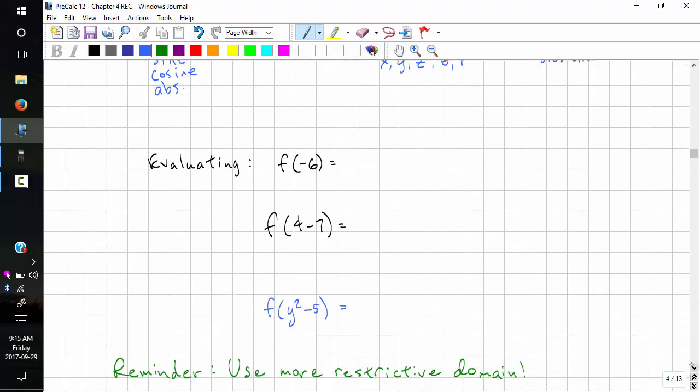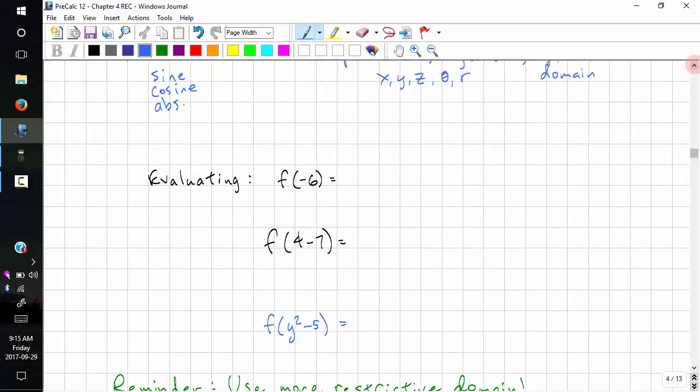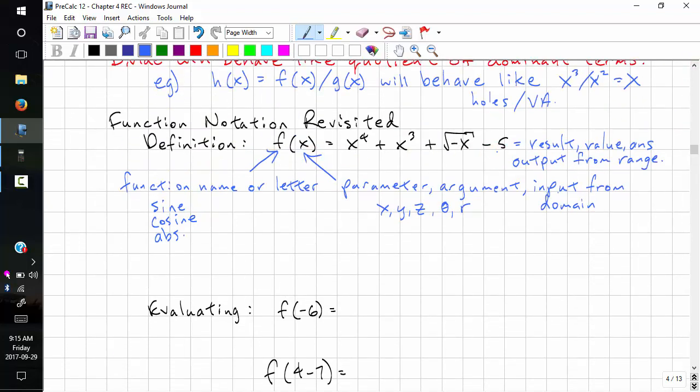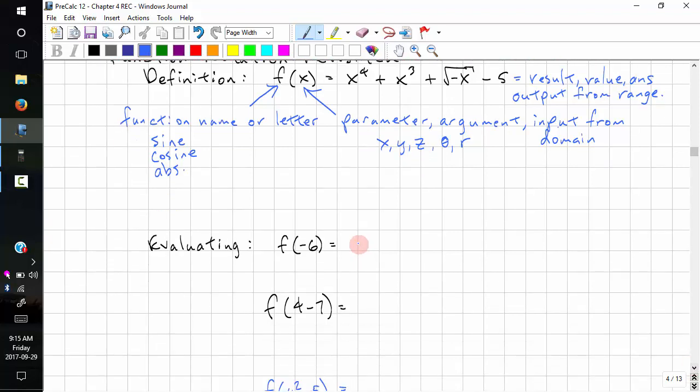Okay, so let's just practice by evaluating functions. Now, we're using our f of x here. So negative 6 to the power of 4 plus negative 6 to the power of 3 plus the square root of negative 6 minus 5.